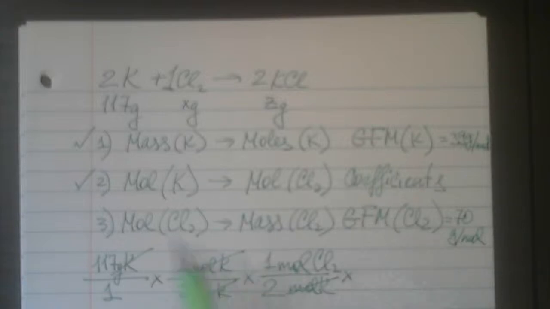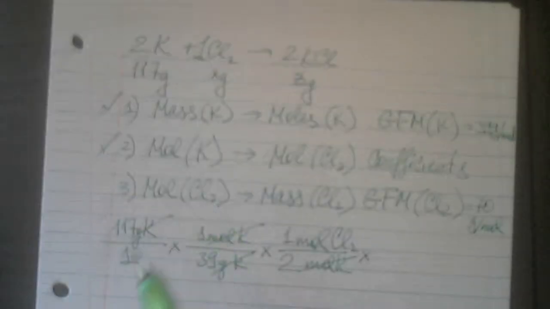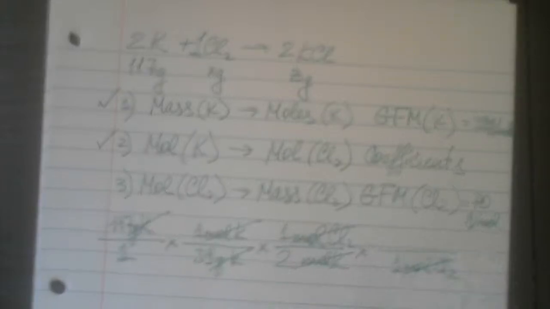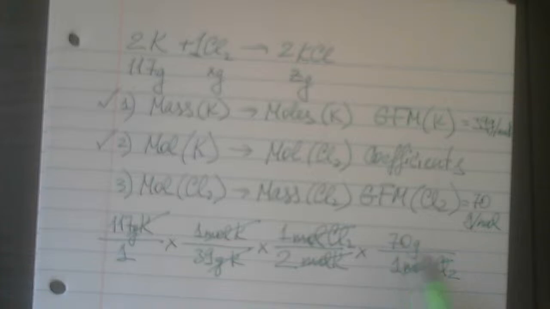And the final step, I will be converting moles of chlorine into grams of chlorine. Well, I have the gram formula mass already. So what do I know? I know that 1 mole of chlorine, which I'm placing down here in the denominator because I want it to be canceled out, weighs 70 grams of chlorine.